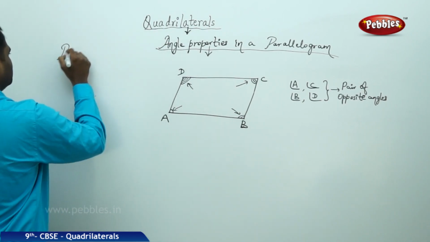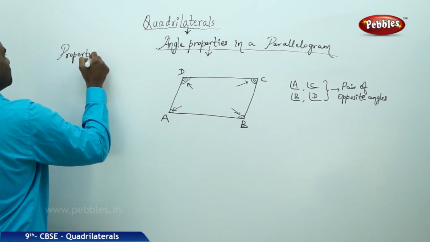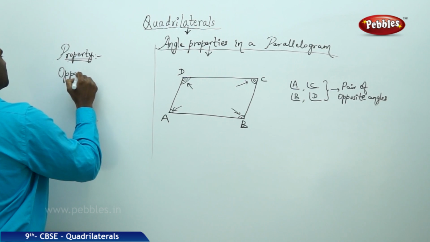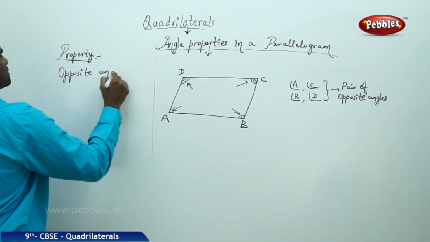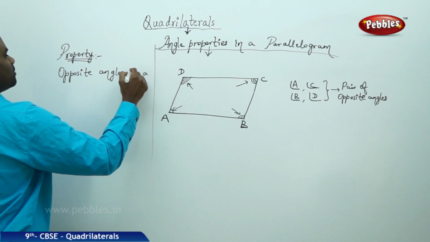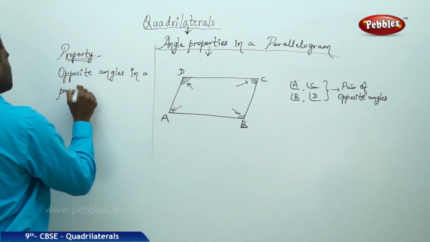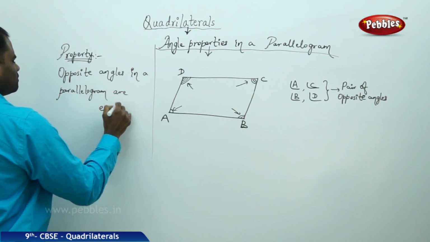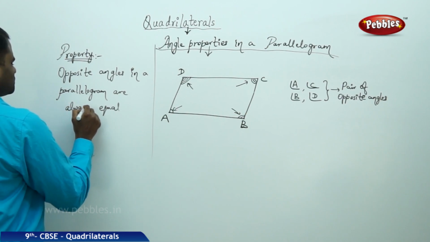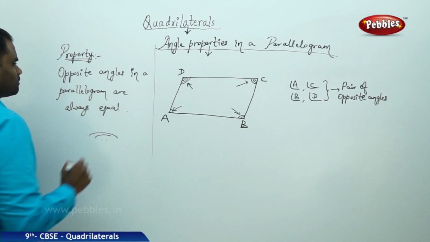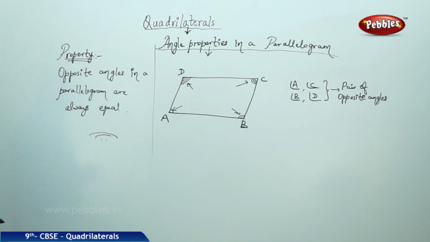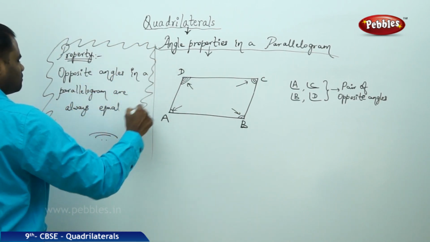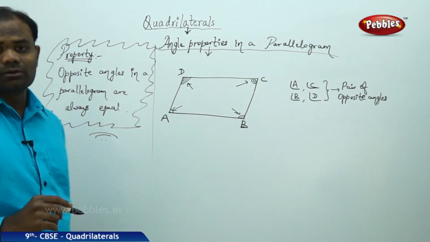So the property here says that opposite angles in a parallelogram are always equal. Opposite angles in a parallelogram are always equal. This is how we conclude the property.